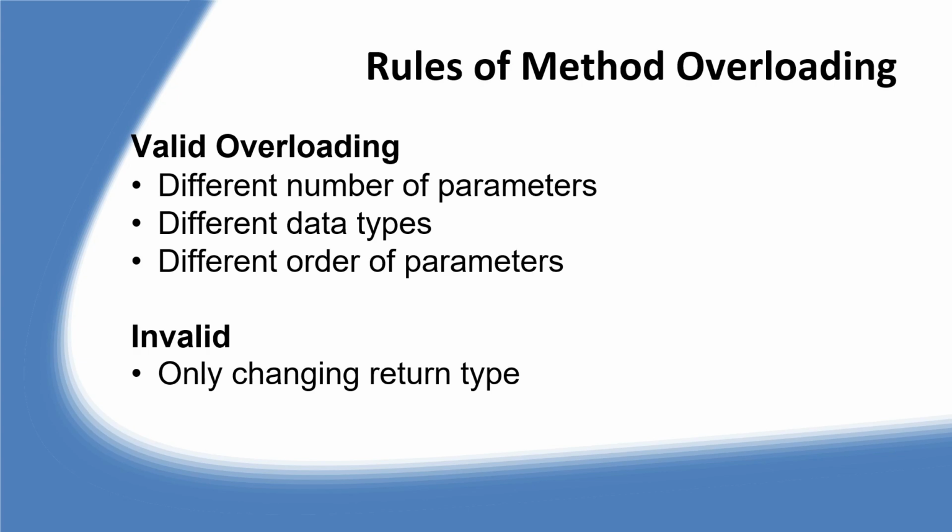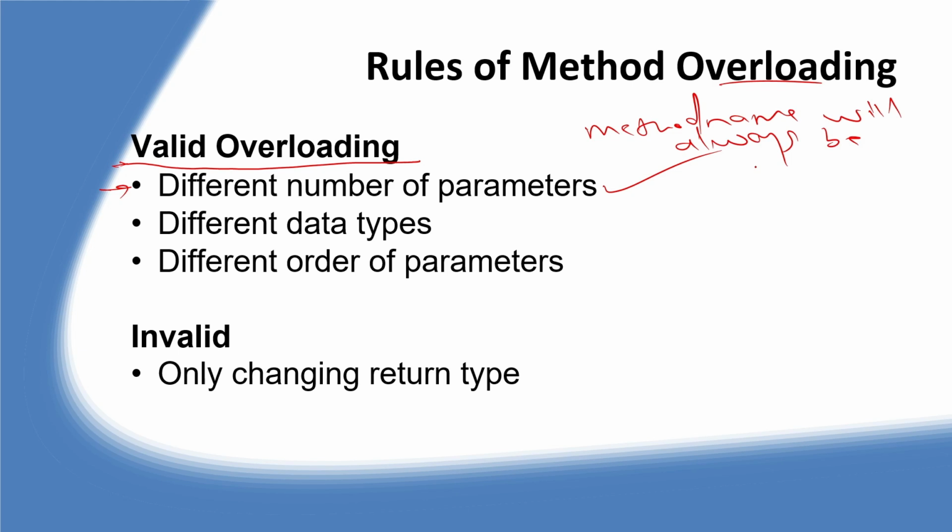Now let's read the rules of method overloading. So what are the rules of method overloading? Valid overloading. Valid means it is following rules. Okay. So different number of parameters we have seen just now in the examples. Method names will always be same. Overloading means method name will always be same.